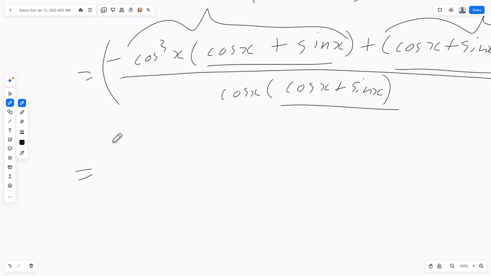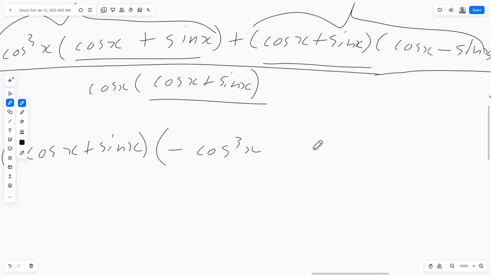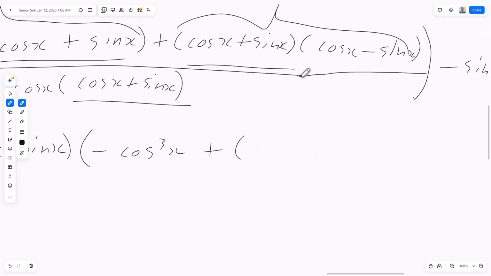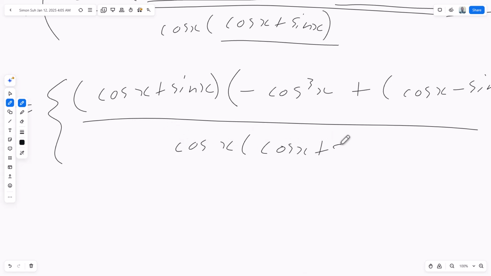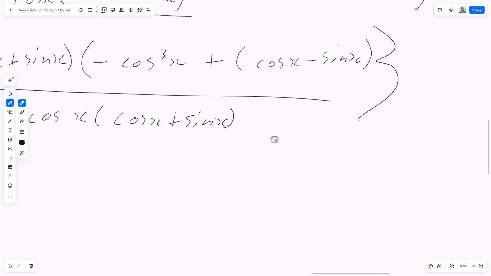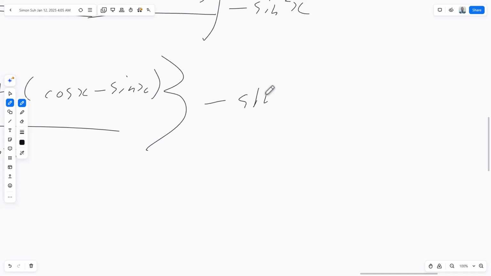It's going to be a big bracket, and then cosine x plus sine x multiplied by, and this becomes just minus cosine cubed x, and then plus, we get cosine squared x taken out, so we have just cosine x minus sine x, and big bracket. Then we have that all over cosine x times cosine x plus sine x, and on the right side we have minus sine squared x.